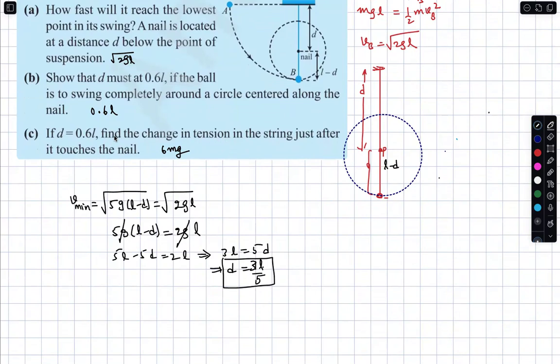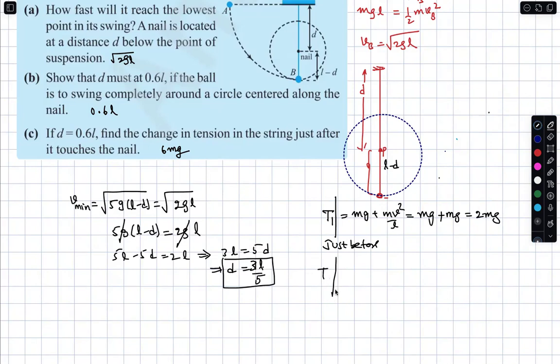If D is equal to 0.6L, just before, what is the tension? Just before means just before striking the nail. It is mg plus mv square by L, and v square is 2gl, so the tension is 3mg.